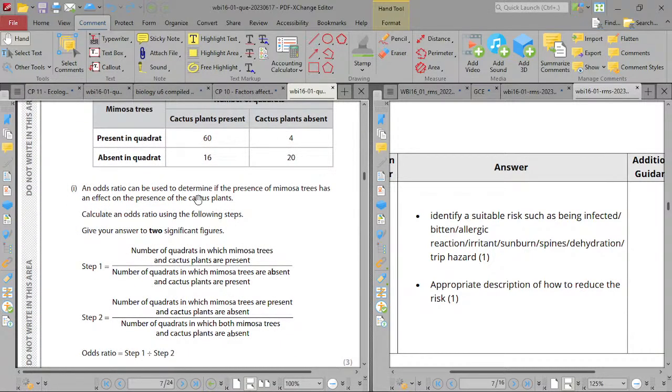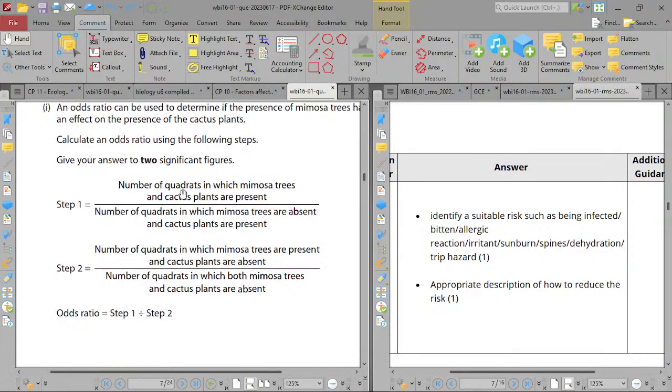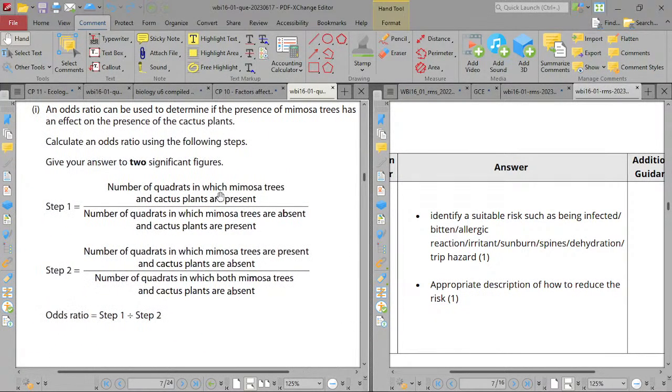An odds ratio can be determined to check if the presence of mimosa trees has any effect on the presence of cactus. Calculate an odds ratio using the following steps. Give your answer to two significant figures. So both are present divided by both are absent, and present absent. Okay, I got it.